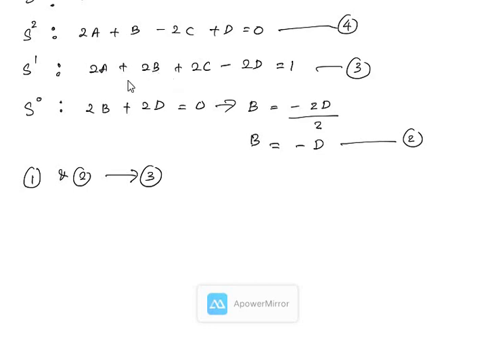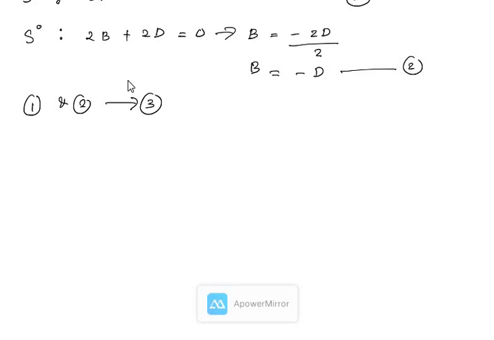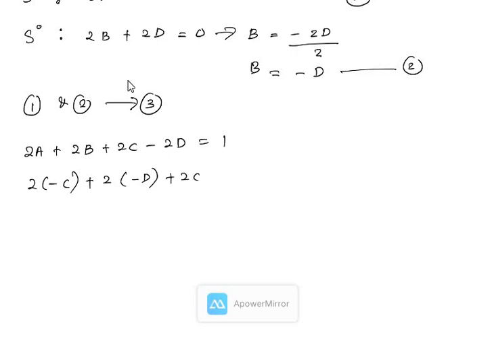So we have 2a plus 2b plus 2c minus 2d equal to 1. So 2 times negative c, this is the value of a, and then the value of b is negative d, plus 2c minus 2d equal to 1. So negative 2c minus 2d plus 2c minus 2d equal to 1.